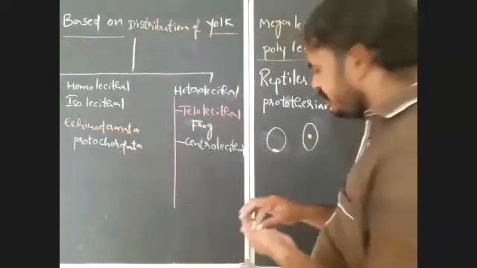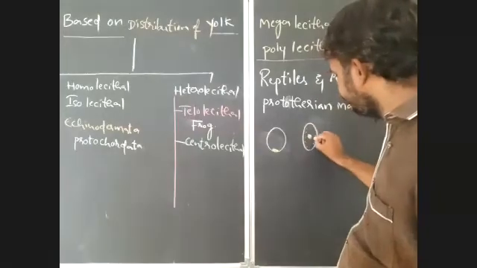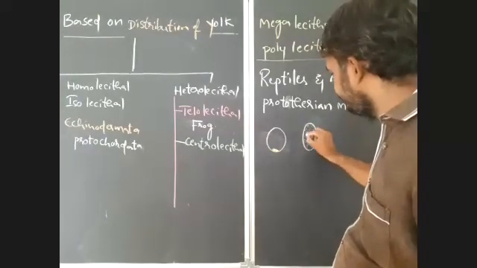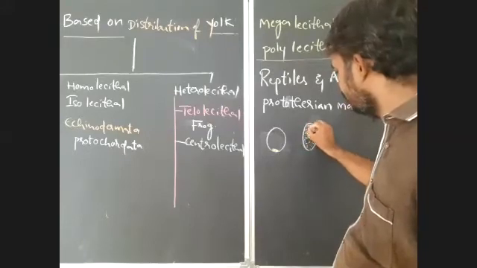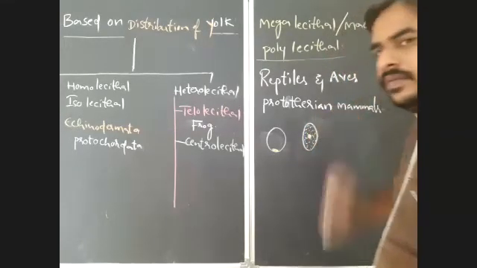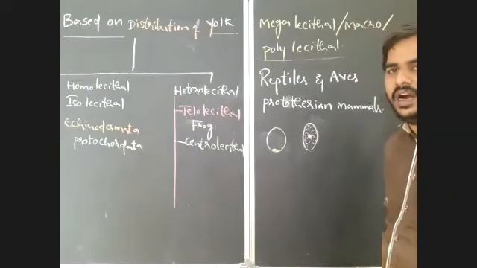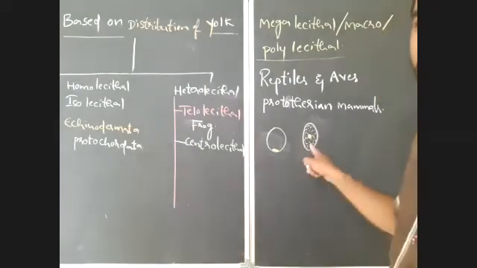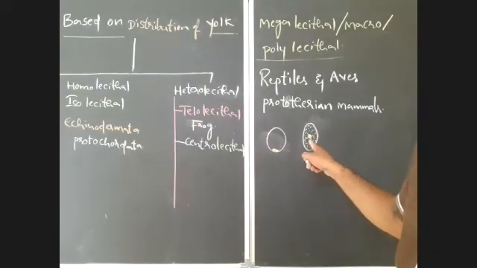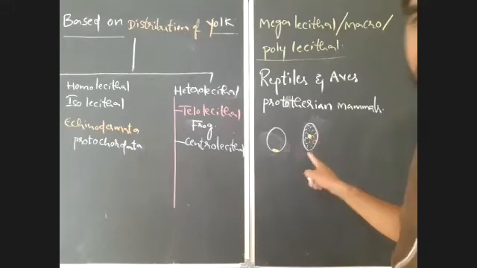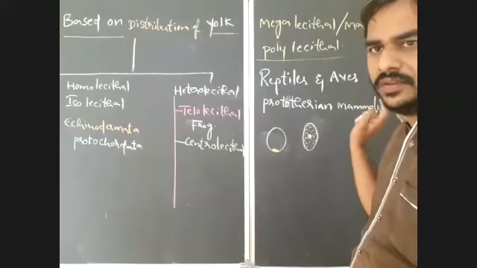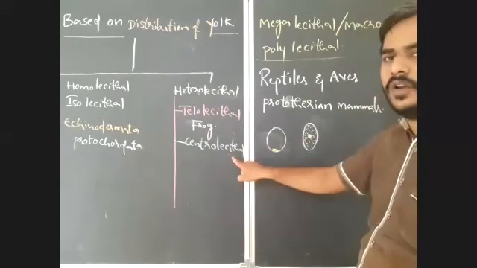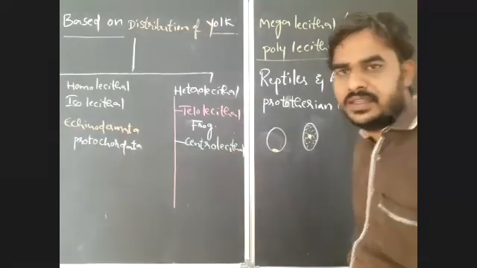Around this yolk, there is cytoplasm. Cytoplasm is accumulated around the yolk, but yolk is located at the center. Cytoplasm surrounds this yolk. This type of eggs are known as centrolecithal eggs.